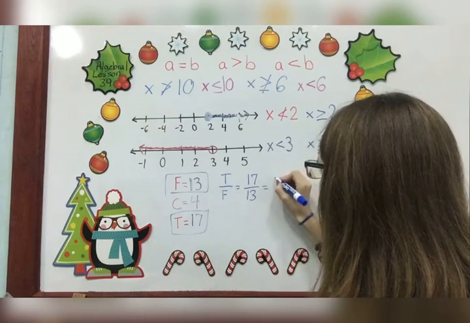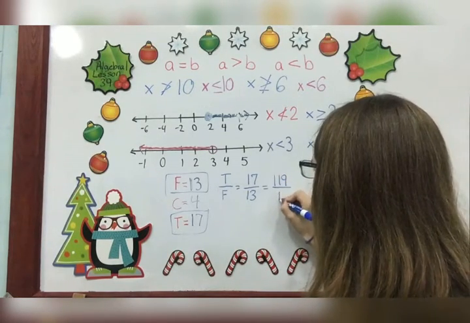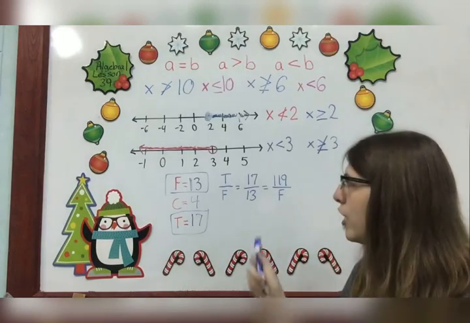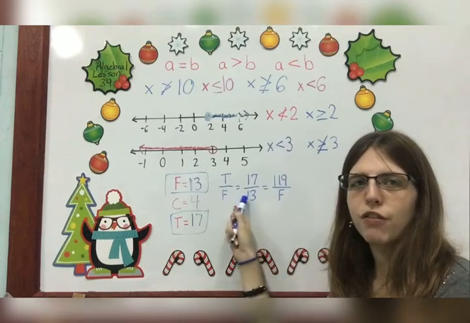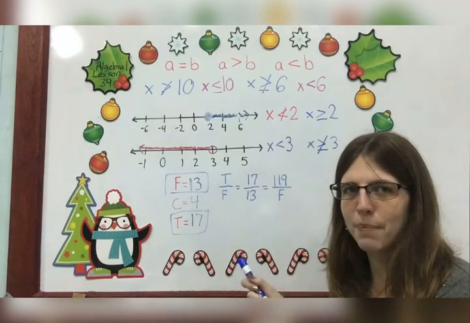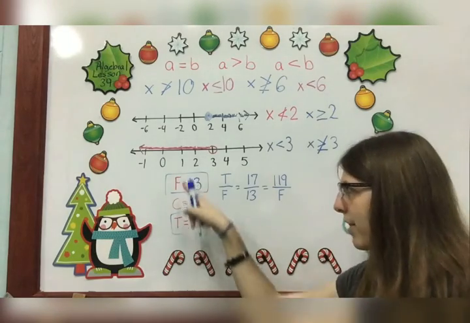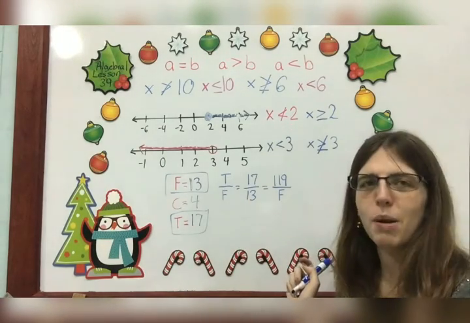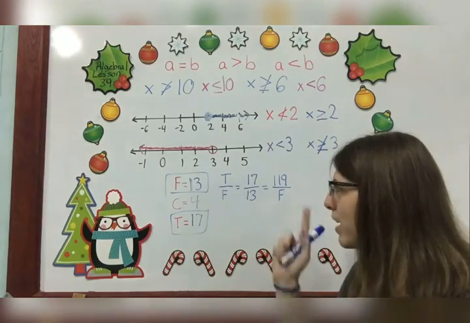My problem says I have a 119 total of fish and crabs, and I'm looking for fish. So you just have to make sure your numbers match. You can't put the total on the bottom if for the first ratio you put the total on the top. You have to make sure both numbers in the numerator represent the same thing, both the denominator represents the same thing. As long as you do that, it doesn't matter which way you put it.